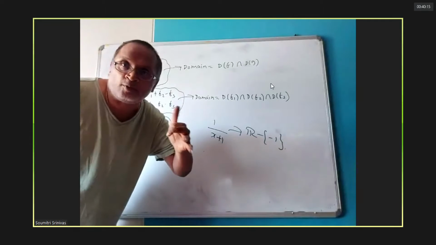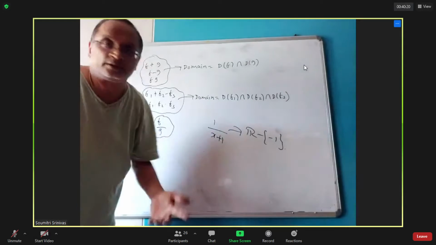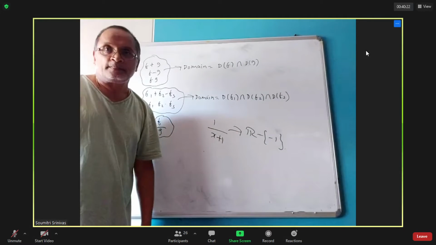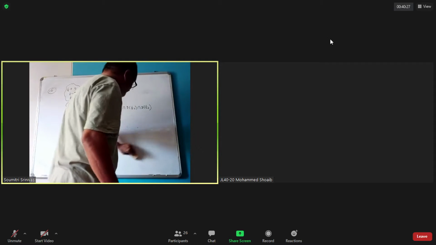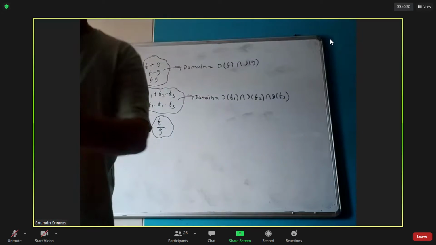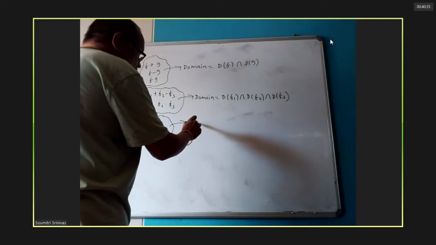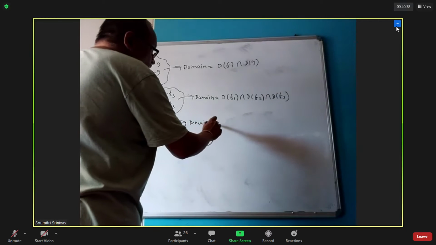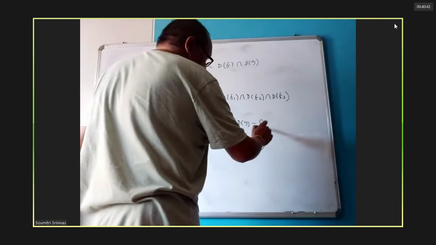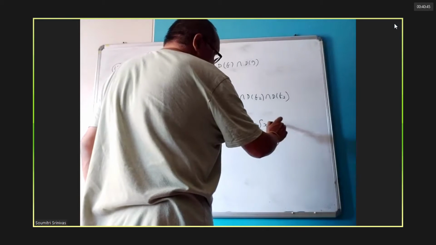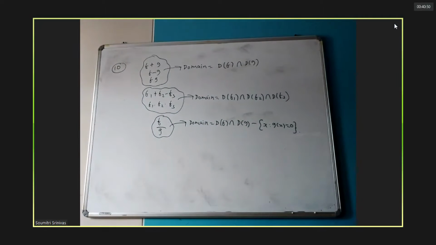Yes. What is the point where the denominator becomes 0? -1. We deleted that. Therefore, what is the domain of f by g? Domain is equal to domain of f intersection domain of g minus the set of all those x where the denominator equals 0. Come on, write this.